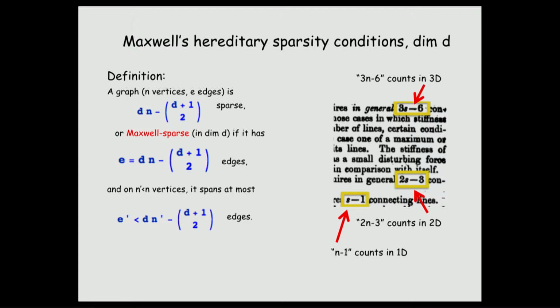And here it should be less than or equal. For some reason, the equality disappeared in my slides, right? And this corresponds exactly with the counts in Maxwell for particular values of d: 1, 2, and 3.